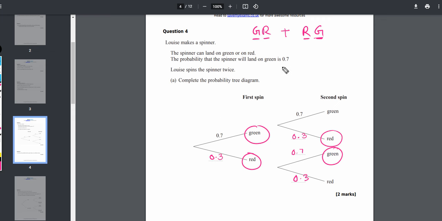So the working will go like that: green red will be equal to 0.7 times 0.3 plus red green, that will be equal to 0.3 times 0.7. So this will become equal to 0.21 plus 0.21, and our final probability is equal to 0.42. So the probability of getting two different colors is 0.42.